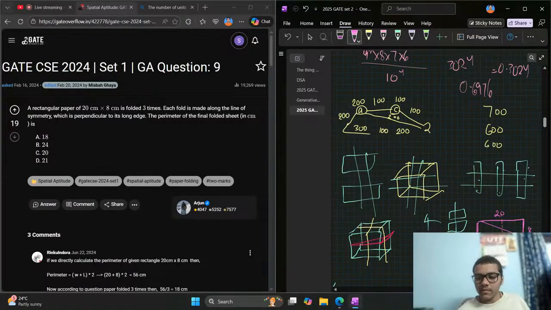So, it is folded like this. Now the new rectangle is 10 times 8. And now another fold, that will be 5 times 8. The perimeter of the final folded sheet, this is 10 and 16, 26.